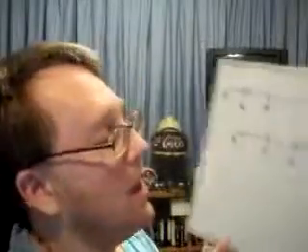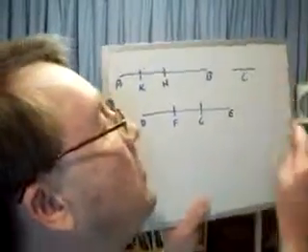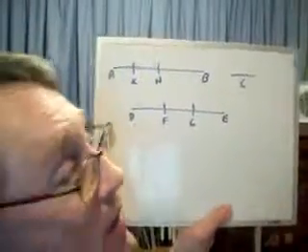Let it be multiplied, and let DE be a multiple of C, and let it be greater than AB. So DE is a multiple of C. Now, what does that actually mean?